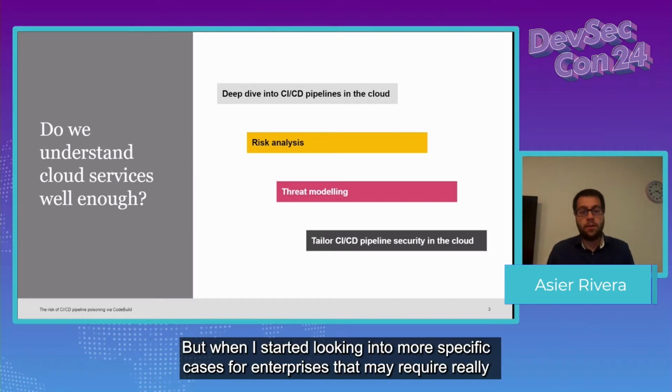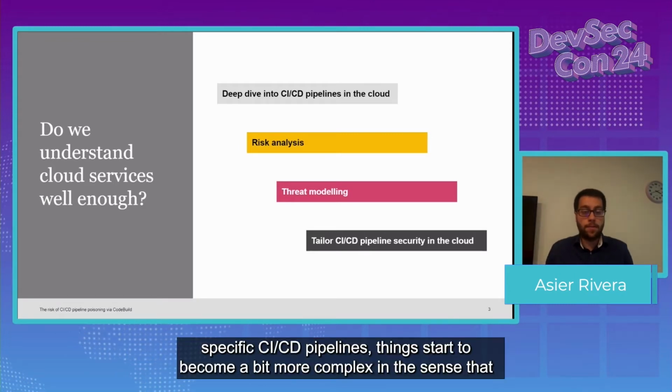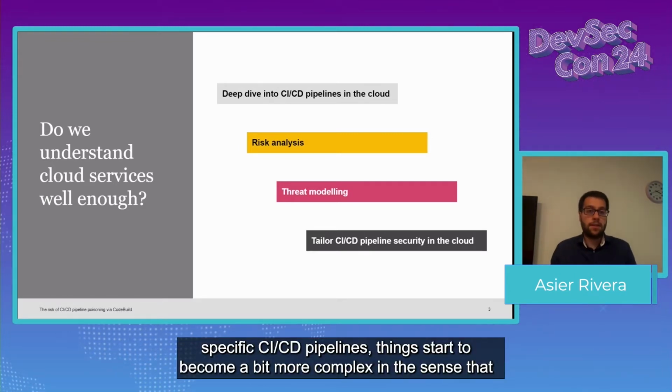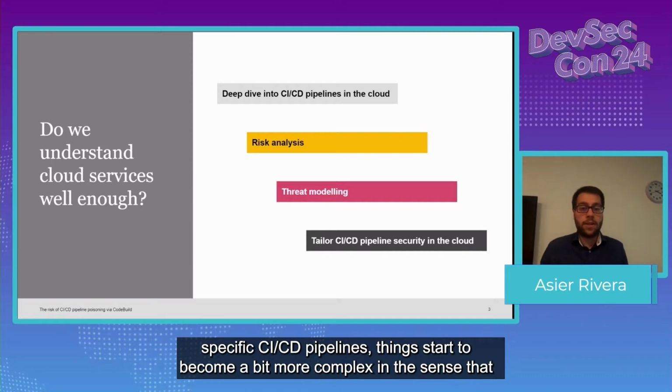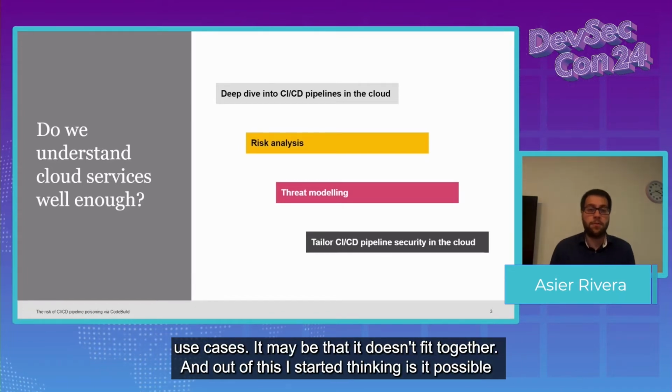But when I started looking into more specific cases for enterprises that may require really specific CI/CD pipelines, things start to become a bit more complex in the sense that the cloud service has been designed to be used in a specific way, although it covers a wide range of use cases. It may be that it doesn't fit together.